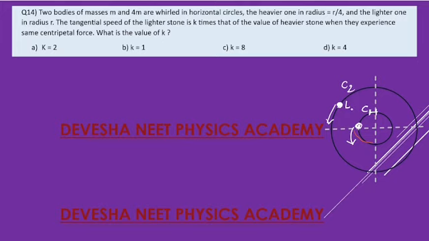So this is r by 4, and the bigger one is actually r. The bigger radius is r. The tangential speed of the lighter one, VL, is k times the value of the heavier one, so k into VH.